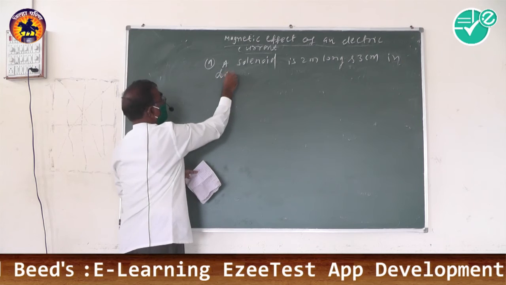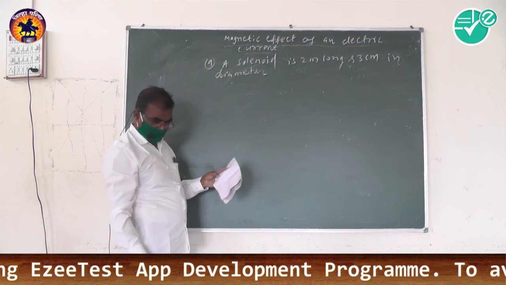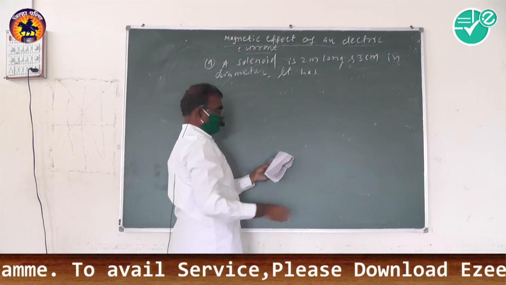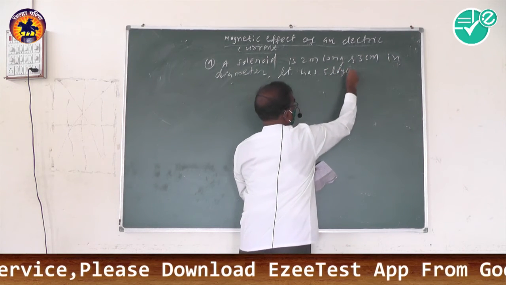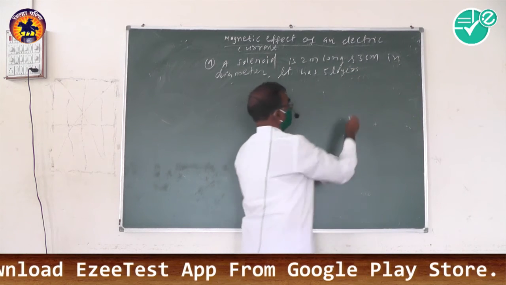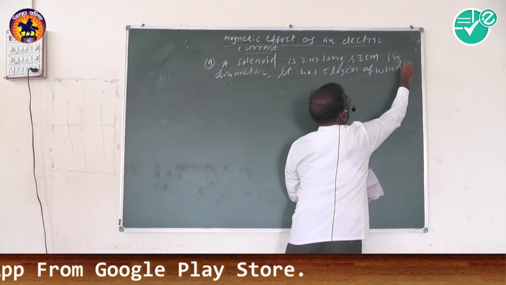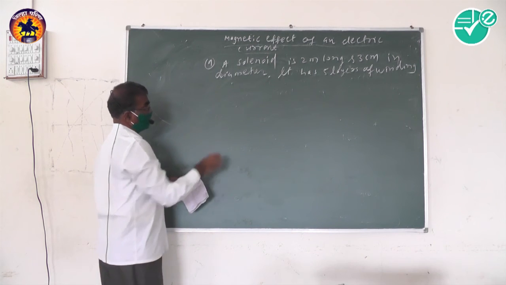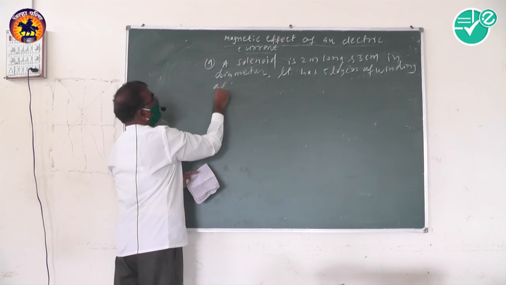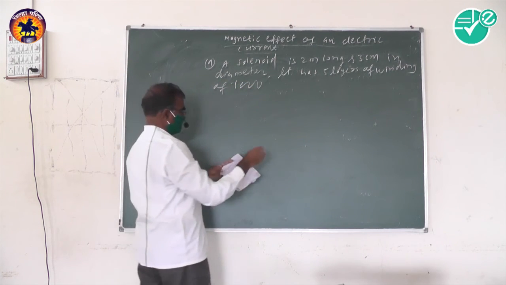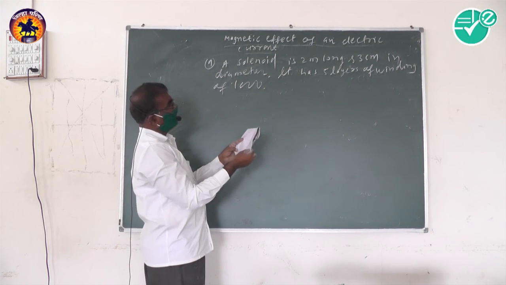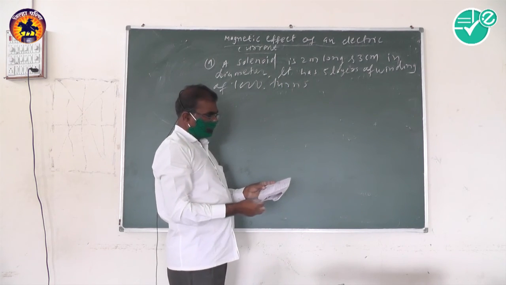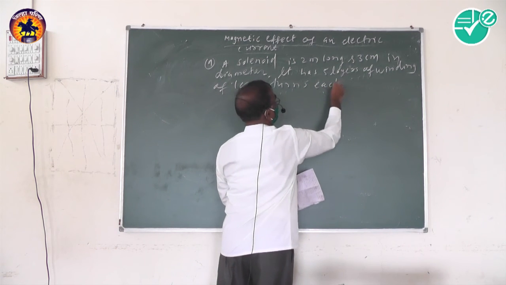It has 5 layers of winding, of 1,000 turns each, and carries a current of 5 ampere.